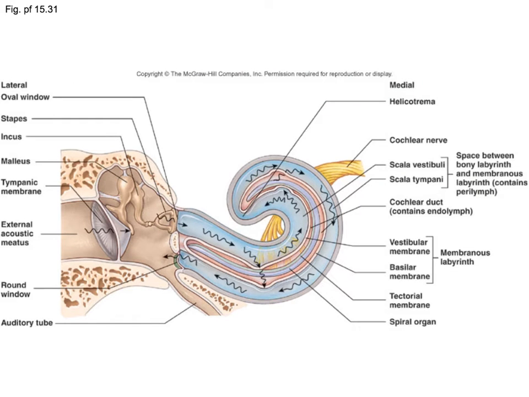Now, if we look at the basilar membrane, we see that it has differential elasticity. Near the oval window it is very stiff, and as you go further and further out towards this point of the cochlea called the helicotrema, it becomes more and more flexible.